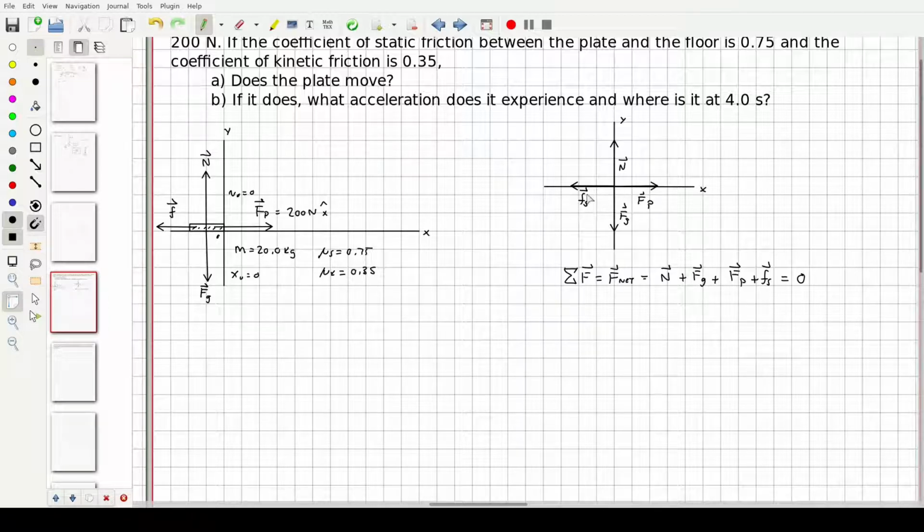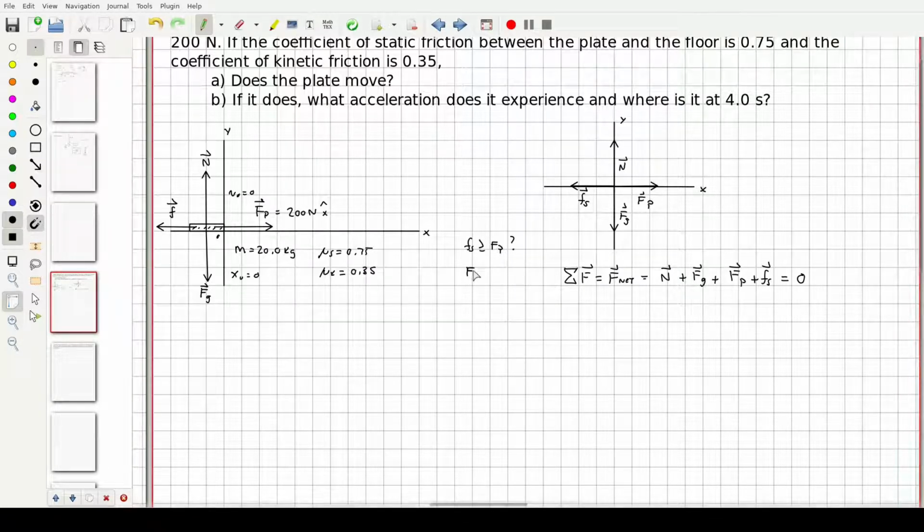But the question here is that when I calculate what the static frictional force is, and I compare it to this push, is the static frictional force greater than or equal to the push?